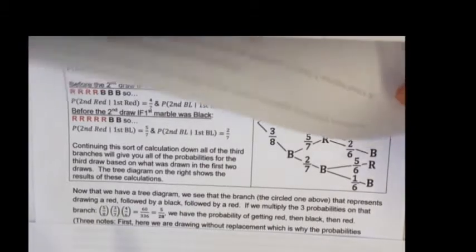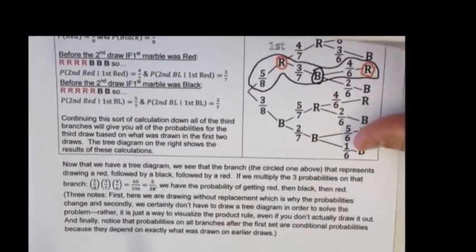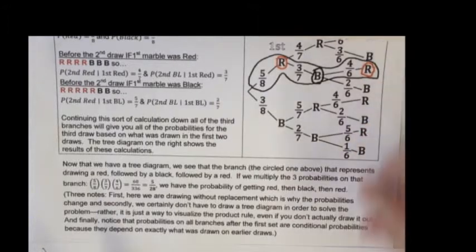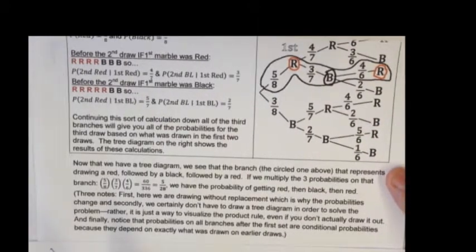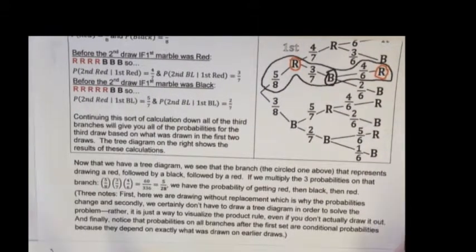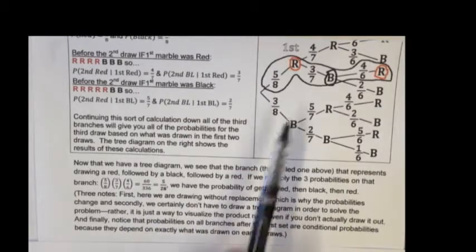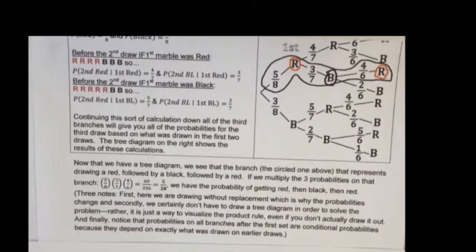Now, just a couple of notes. I just want to drive this home because some people have trouble remembering when things apply and when they don't. 3 things. We're drawing without replacement. That's why the probabilities are changing on the branches from reds to blacks and why the reds are not always the same. And I guess I've already mentioned this, but I'll say it again.